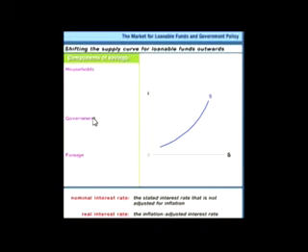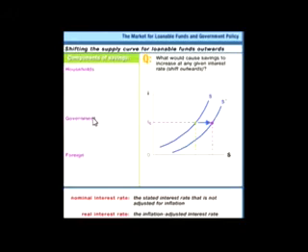Now, the next question is, what's going to cause this curve to shift? What would cause, for instance, at any given interest rate, the total quantity of loanable funds put in the financial system, the total amount of saving, to increase? What would cause that to happen? Well, let's think about all the players whose behavior could lead to this shift. First of all, what would influence households to save more at any given interest rate?